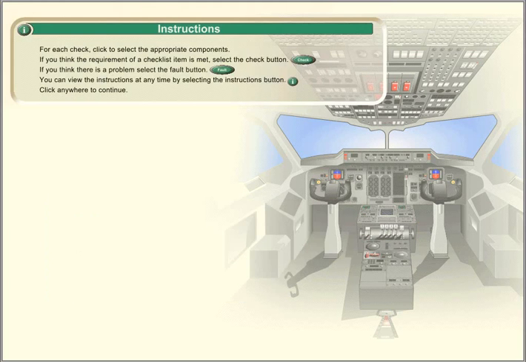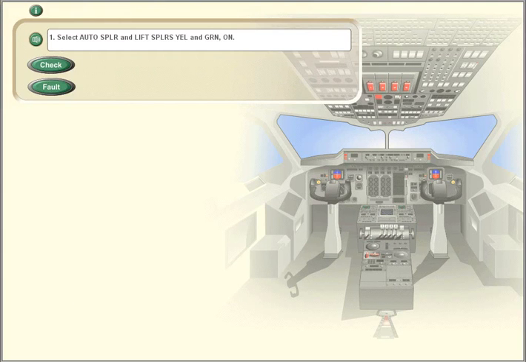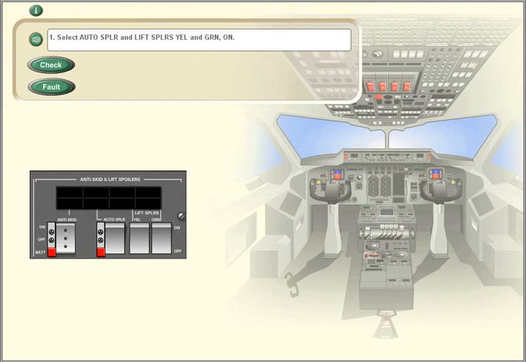Pre-flight checks. To begin the pre-flight checks, the position of the air brake lever and the flap lever are checked. You can now complete the following 14 pre-flight checks. Select Auto Spoiler and Lift Spoilers yellow and green on.